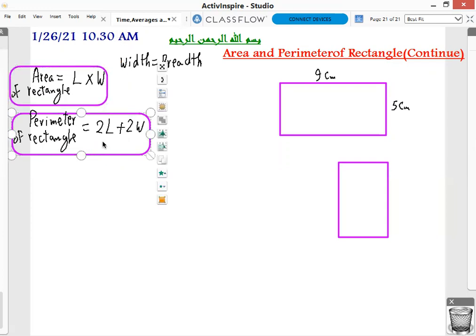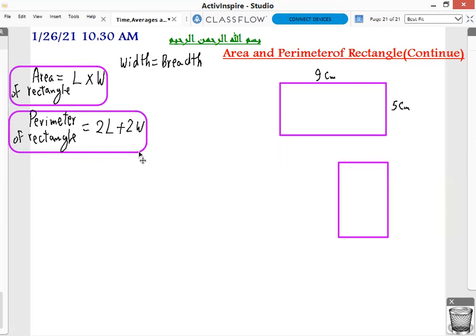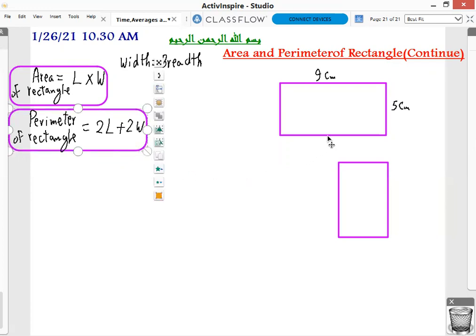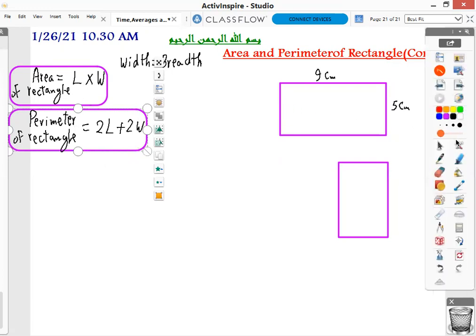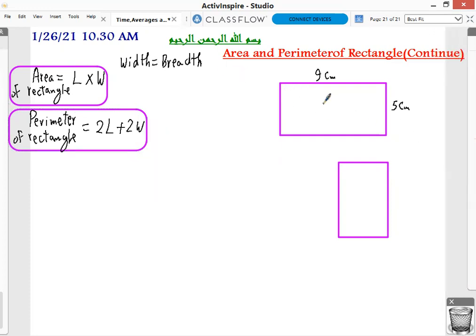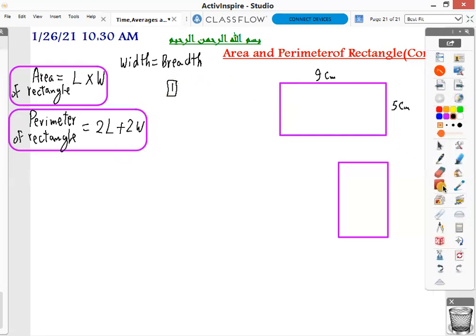And this one. Then we can use the two rules to calculate the area and the perimeter for this example. Then about this example, this is about rectangle one. Just we can take this figure down.